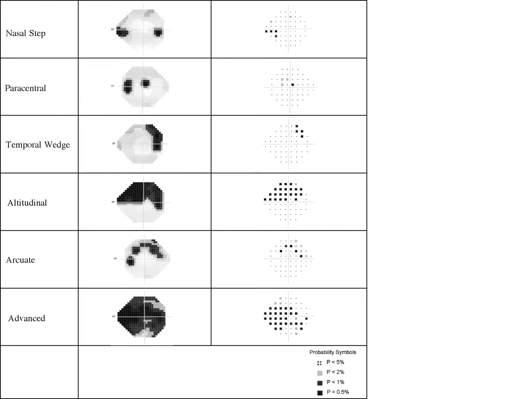And here another step with a probability that this change is significant. This is a blind spot. This is a paracentral scotoma, altitudinal damage, temporal edge, and so on.